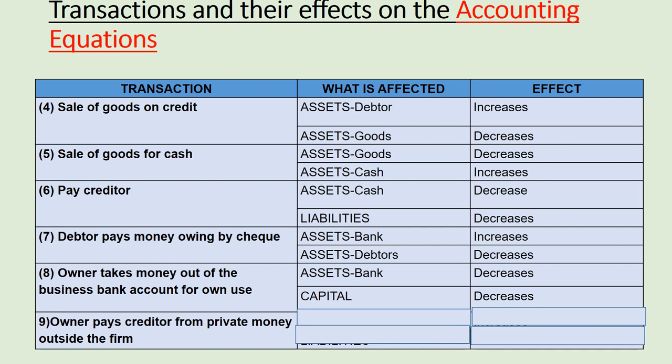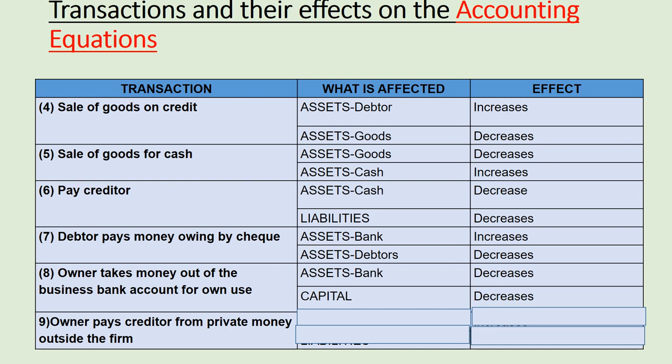But that money that the owner has used to pay the creditor can be treated as an investment into the business as part of the capital, meaning that the capital is going to increase. Or it can be treated as another liability in the sense that the owner gives the business money, so the owner would need the money back.